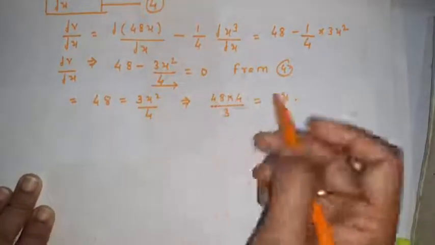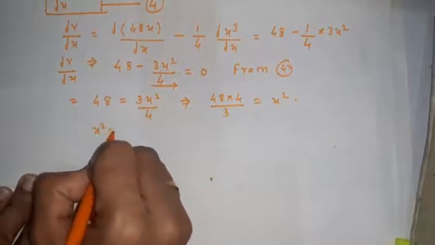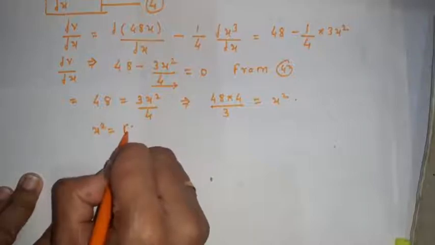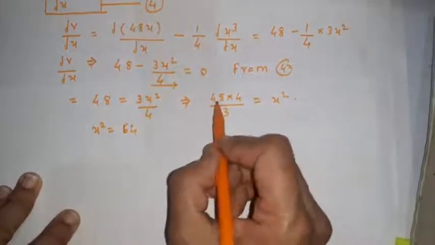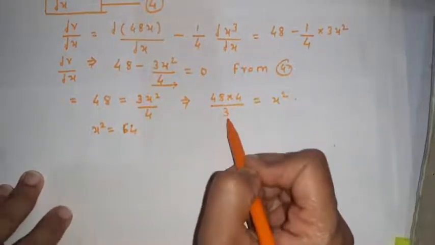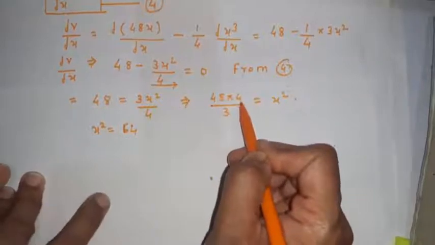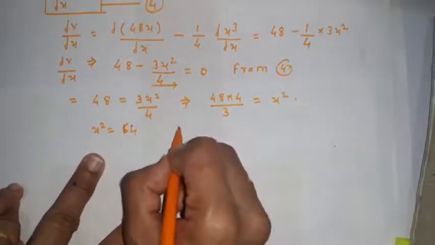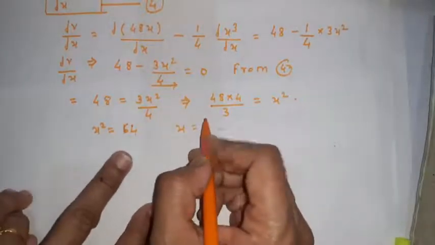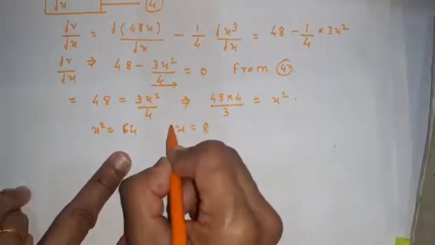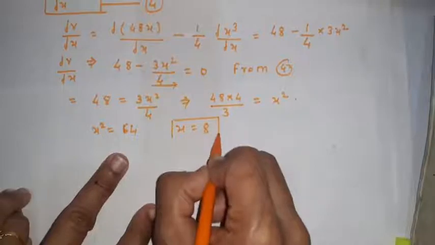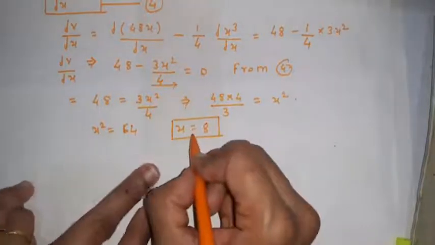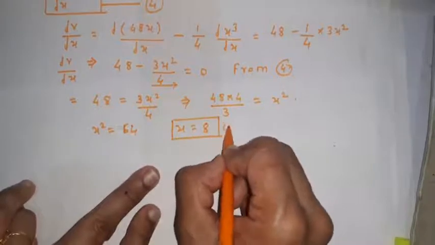Therefore x square equals 64, since 48 upon 3 is 16 and 16 into 4 is 64. Okay students, so x square equals 64, therefore x equals plus minus 8, but we consider plus 8 because that is the length of a side, and that's why x equals 8 centimeters.